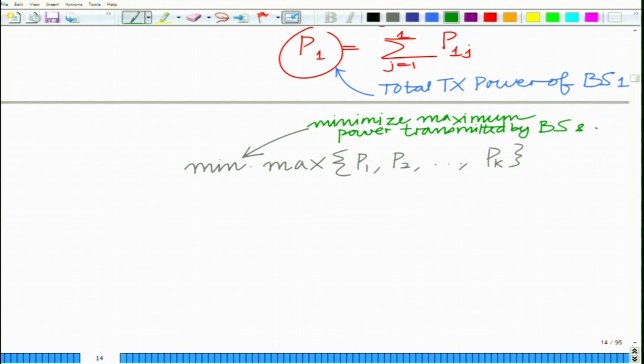Now, what happens typically in this cooperative cellular scenario is that there are several base stations, and when you minimize the total power transmitted by all the base stations together, that might result in an undue burden on a single base station. All right.